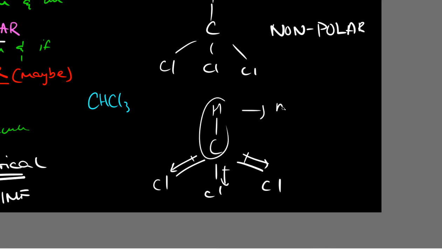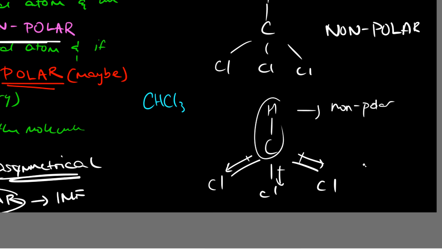It's a nonpolar bond, and it's just one thing I remember: carbon-hydrogen bonds are nonpolar. So in this case, there is more than one polar bond, but not all the bonds are the same. Therefore, it may be polar, and in this case, it is because there are no lone pairs, and none of the lone pairs affect the shape of the molecular geometry, so it is polar.